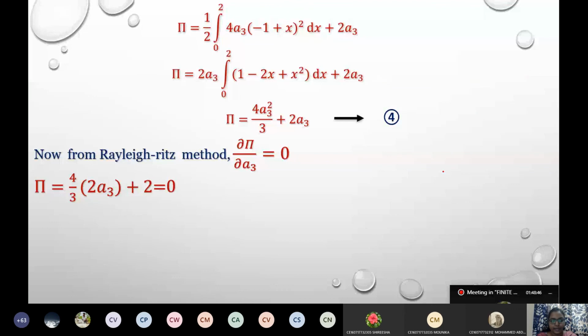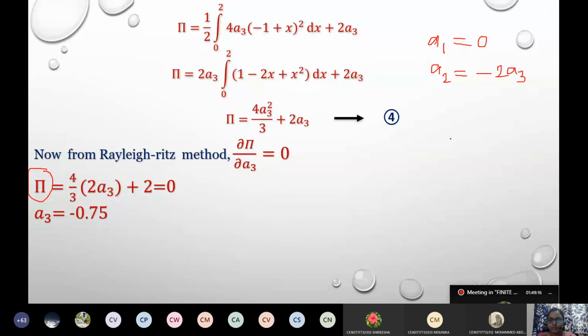So whoever didn't get it, you can see this. A3, this is actually the differentiation part. I just wrote it as pi, sorry. A3 is minus 0.75, right? A1 from the equation, if you saw, was 0, whereas A2 was minus 2A3.